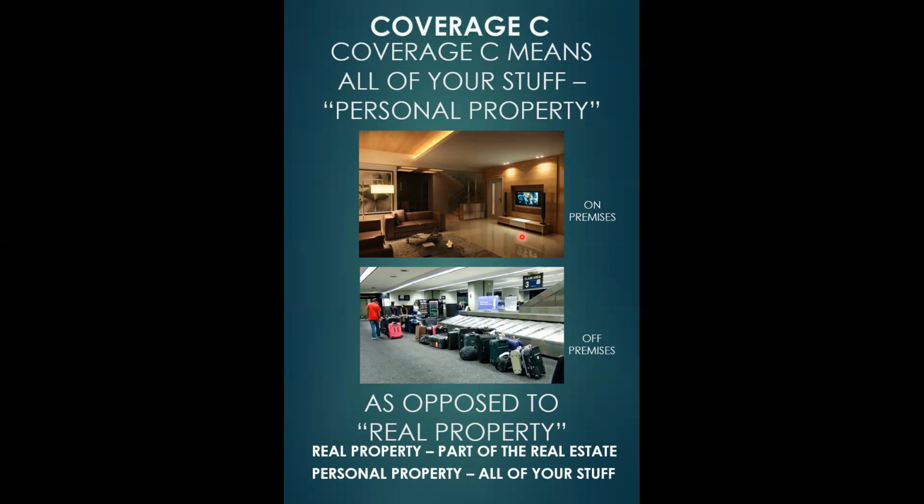It's a permanent part of the real estate. The whole point is they don't go anywhere. But coverage C can certainly go somewhere. And so we have to reckon with coverage C in terms of being on premises or off premises. And so this distinction: real property, part of the real estate, means it's going to be coverage A or coverage B. And then personal property, all of your stuff.